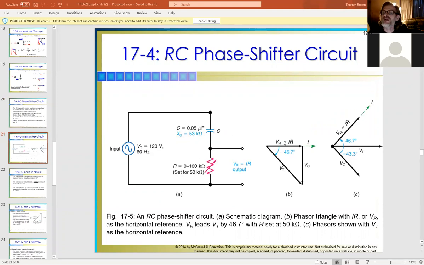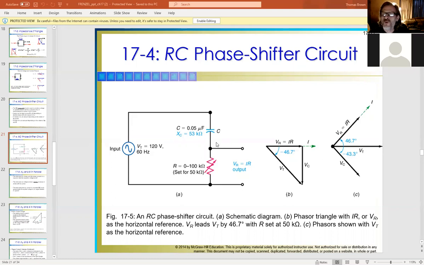Again, what are we focusing on? We have the math, and of course the voltage is what's varying. What he's saying is that depending on what you want, you could see that the VR has a phase shift of 46.7 and the VC has a phase shift of 43.3.